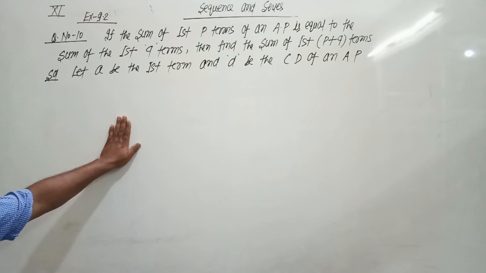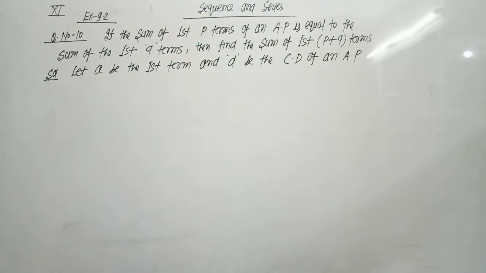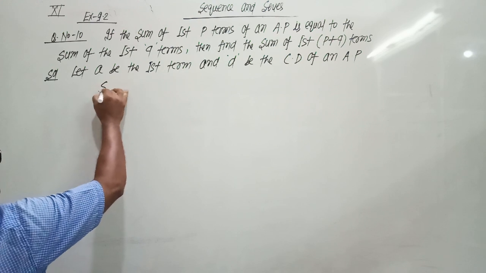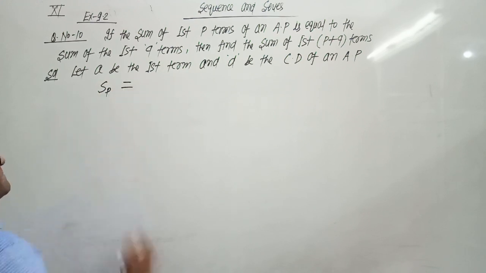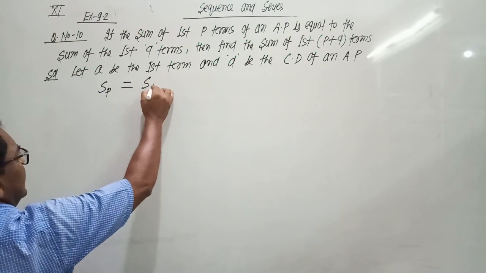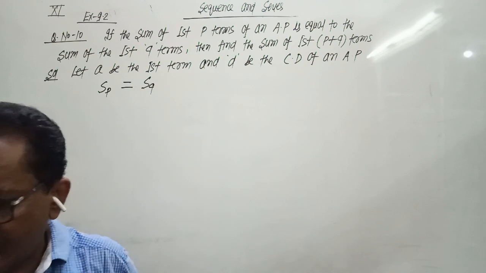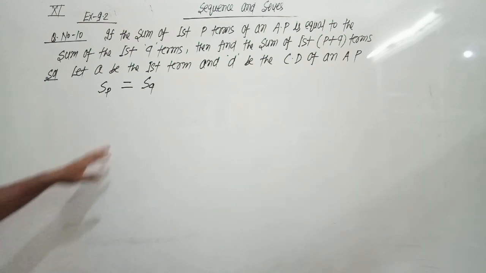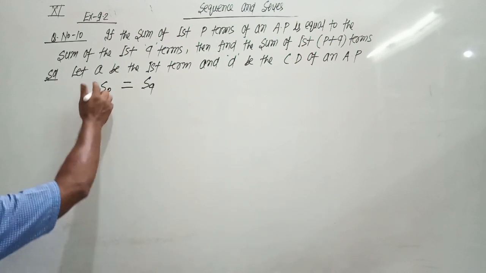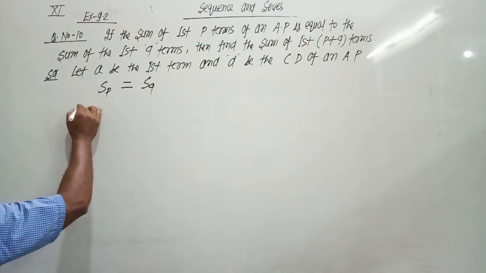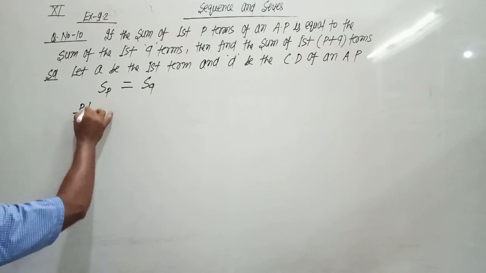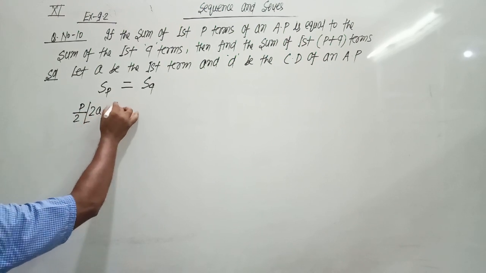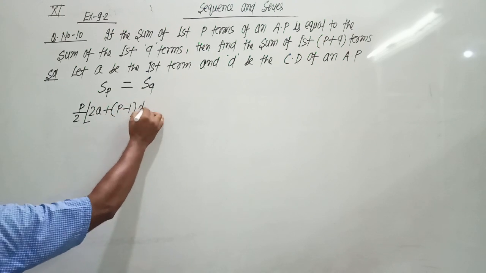Then we are given that the sum of first p terms, S_p, is equal to the sum of first q terms, S_q. So the sum of first p terms is given by p/2 [2a + (p − 1)d].